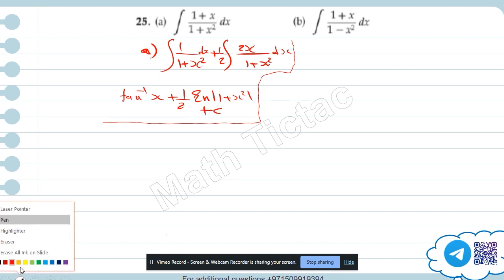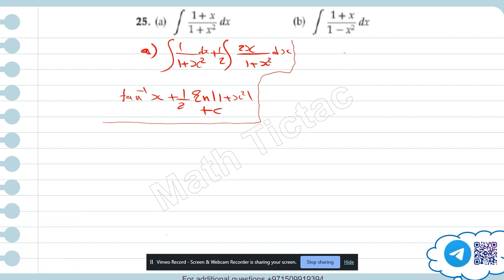Okay, now what about B? For B, in here, this is equal to the integration of 1 plus x over, this is the difference between two squares, (1 minus x) multiplied by (1 plus x), dx. Now 1 plus x with 1 plus x is eliminated.